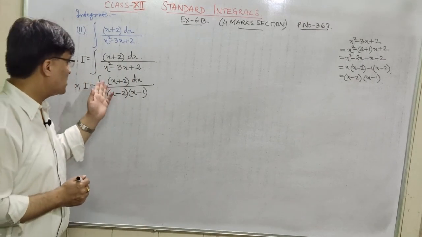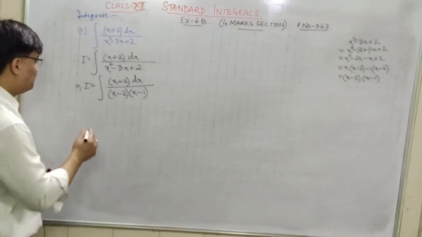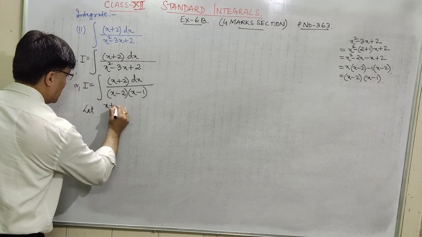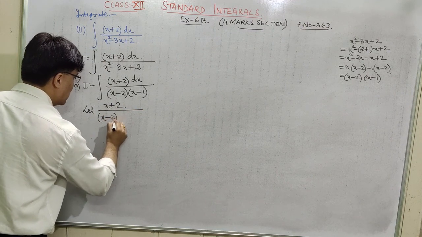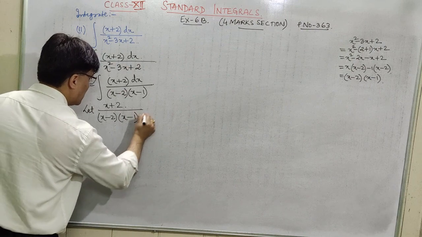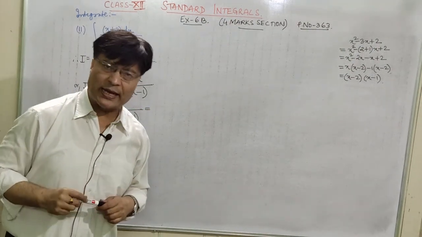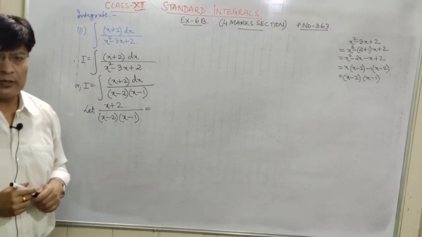So let us convert this fraction into partial fraction. Let (x plus 2) divided by (x minus 2) into (x minus 1). The highest power of x in the numerator must be less than the highest power of x in the denominator.